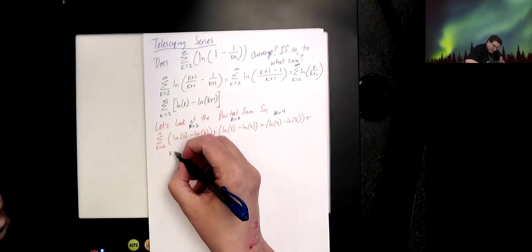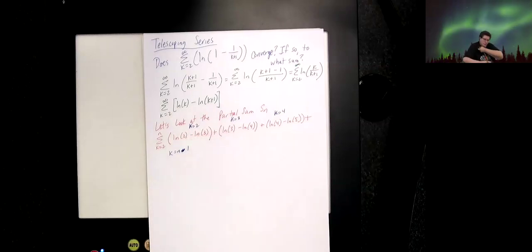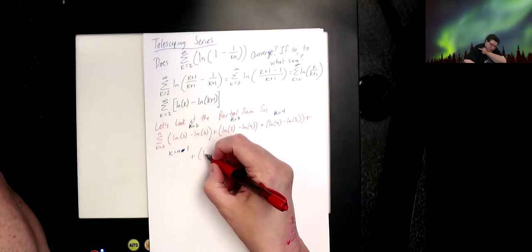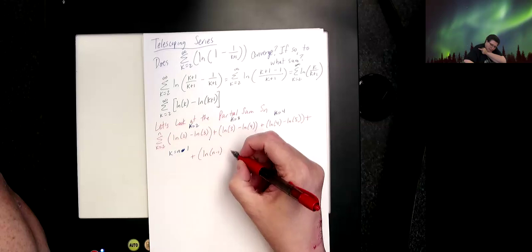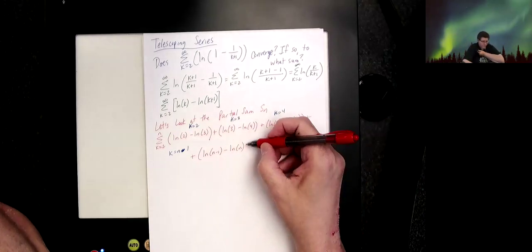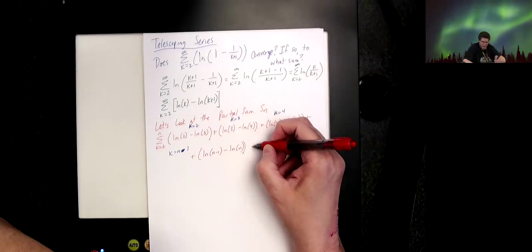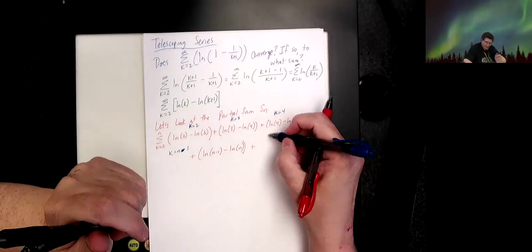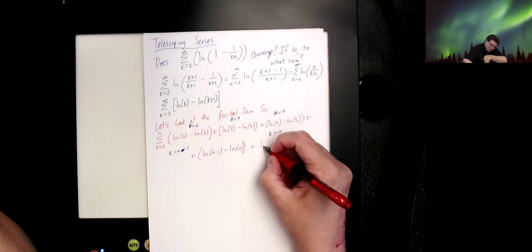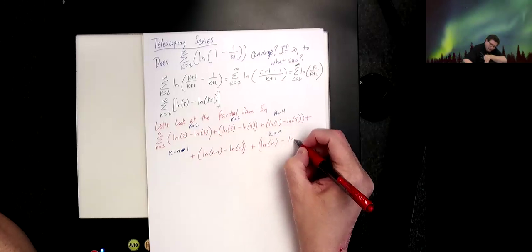If we look at the k equals n minus 1, we're adding natural log of n minus 1 minus natural log of n. And then I get up to k equals n, and I have the natural log of n minus the natural log of n plus 1.